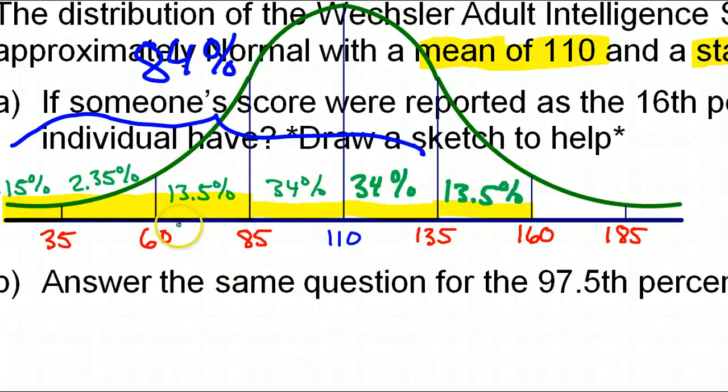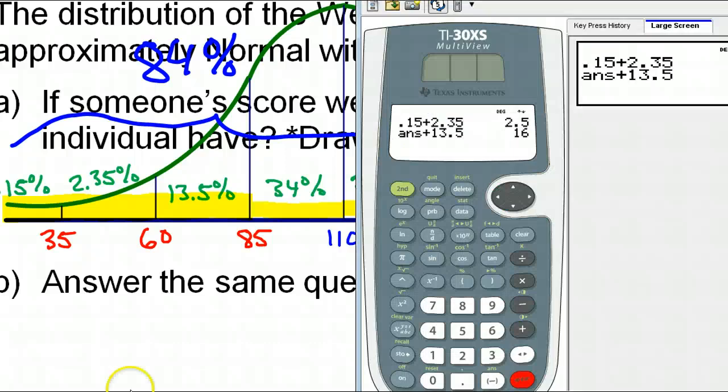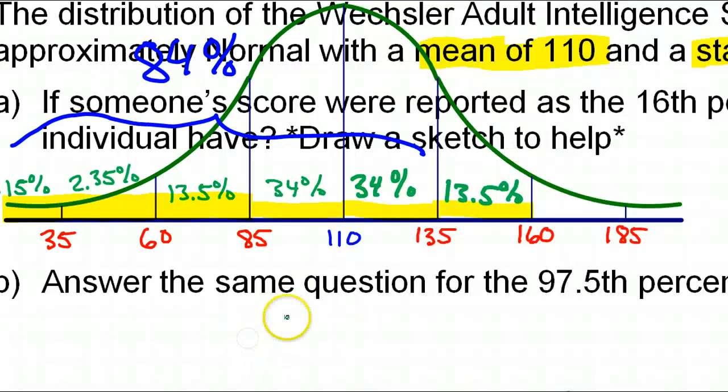Okay, so if I take my 84% and I add my 13.5, turns out 84 plus 13.5 is 97.5. Okay, so this is how much I need to get my 97.5%.